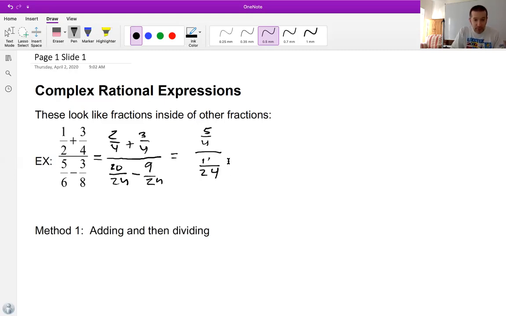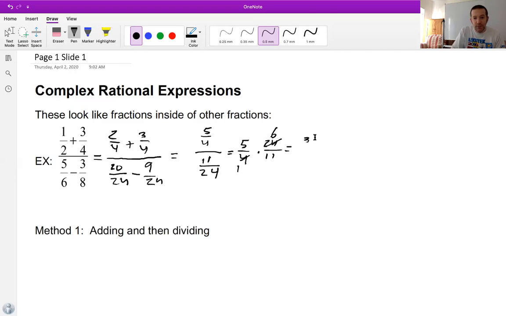Now that we have just one fraction divided by one fraction, we can do our keep, change, flip, or multiply by the reciprocal. 5/4 times 24 over 11, and you can cross cancel. That's a 1, and that's a 6.